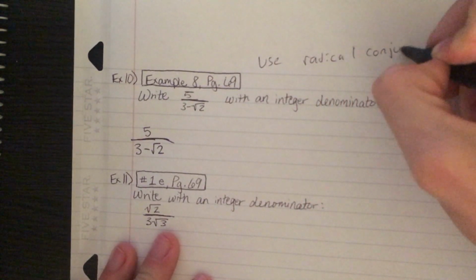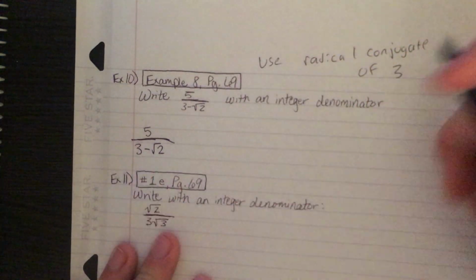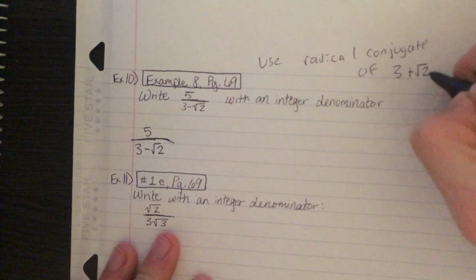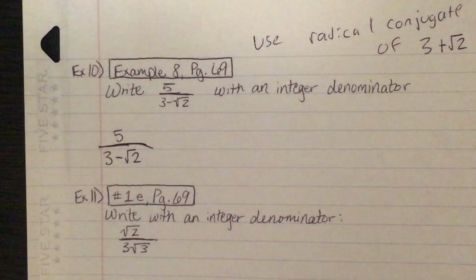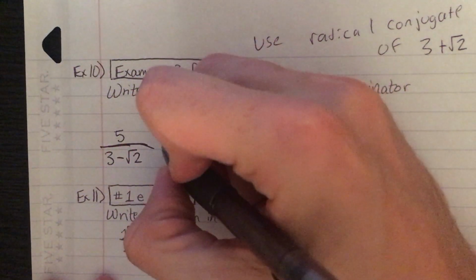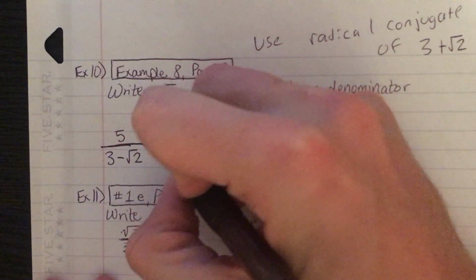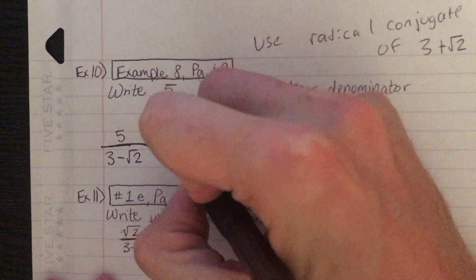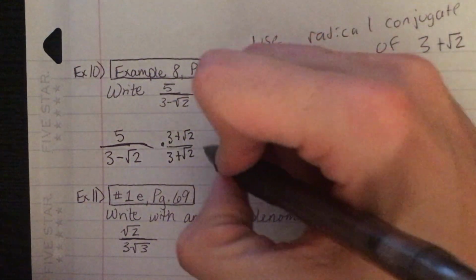We're going to multiply the top and the bottom by the same first part plus the square root of 2, and that's not going to change it at all. So 3 plus the square root of 2, excuse me, I cannot talk.